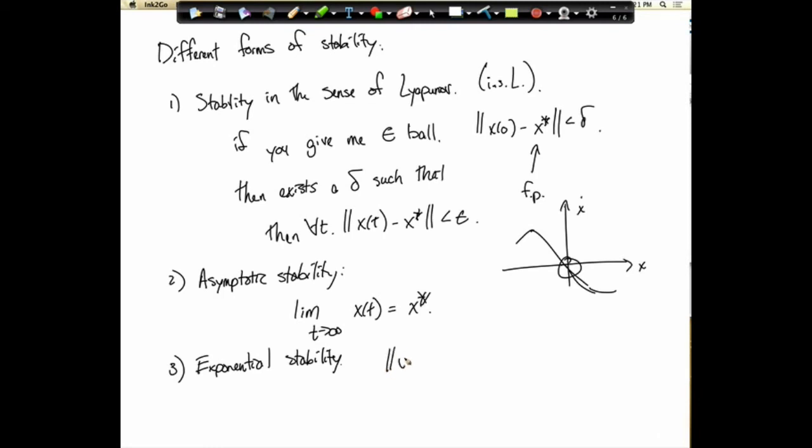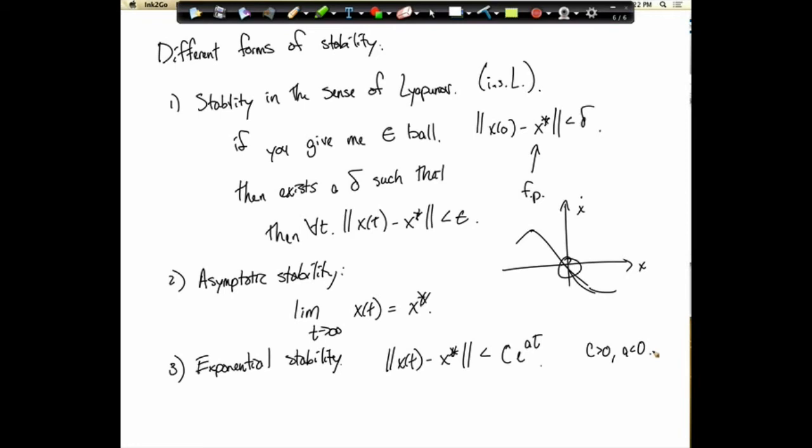So the distance between x and my fixed point can be bounded by some exponential, c e to the at, with a less than 0. Yeah? So is exponential stability weaker or stronger than asymptotic stability? Right? It's not only got to get there, but it's got to get there at a rate.